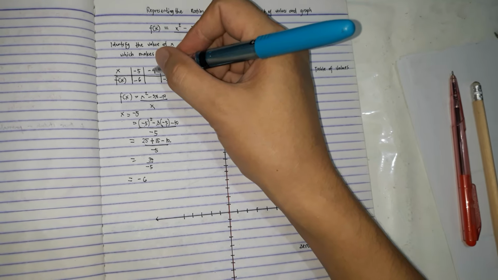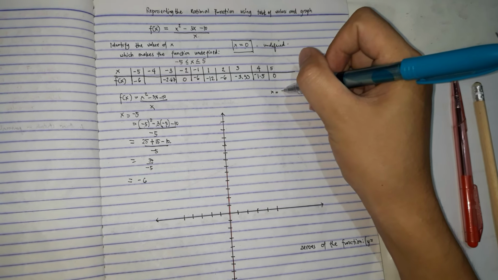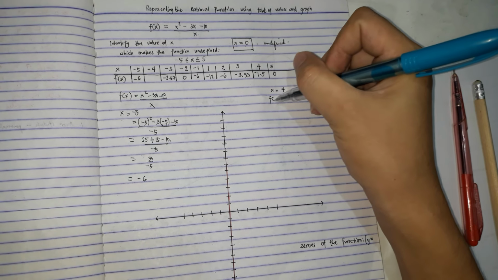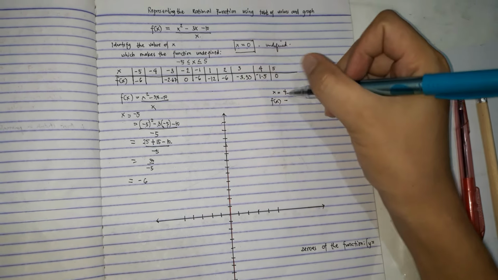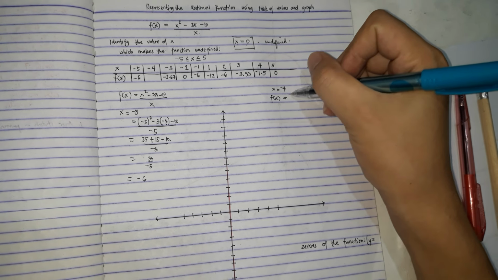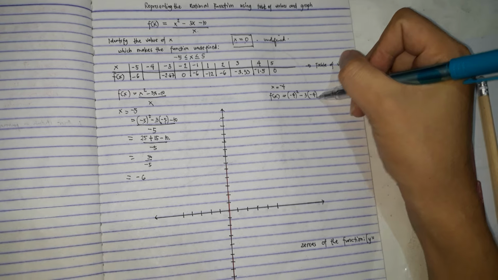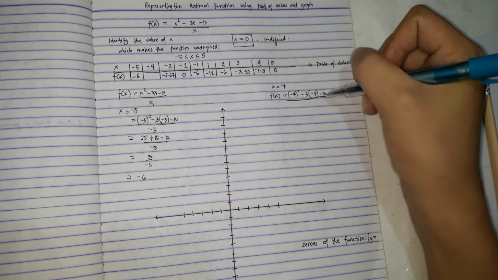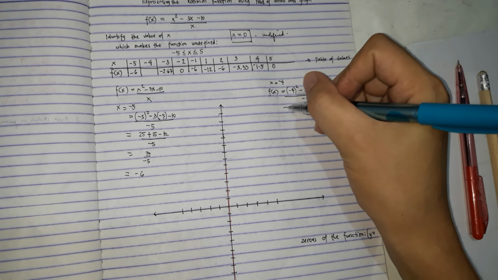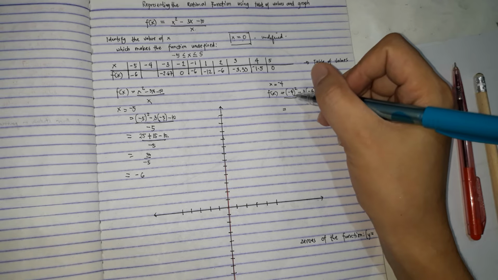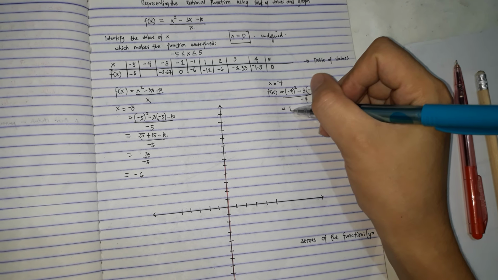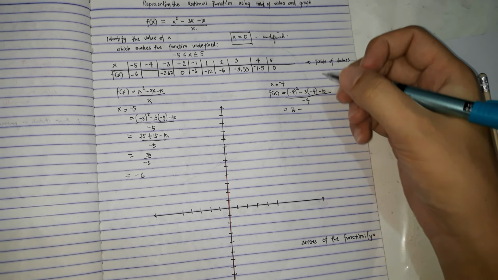Next, if x is equal to negative 4, so f of x is equal to negative 4 squared minus 3 times negative 4 minus 10 over negative 4. Negative 4 squared is negative 4 times negative 4, which is equal to positive 16.